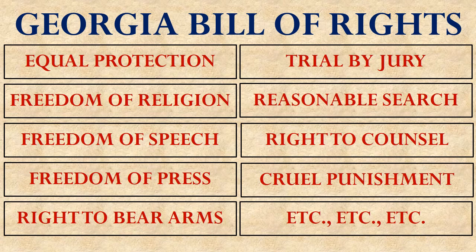Then we've got freedom of religion, freedom of speech, freedom of the press, the right to bear arms, trial by jury, no unreasonable searches or seizures, the right to counsel, no cruel or unusual punishment, etc., etc., etc., which are included in the Georgia Bill of Rights, which are all included in the National Bill of Rights also. So for the most part, the Georgia Bill of Rights is a collection of the same sorts of things that the National Bill of Rights restricts. Just the National Bill of Rights is telling the national government it can't do these things, and the Georgia Bill of Rights is telling the Georgia government that they can't do these things.